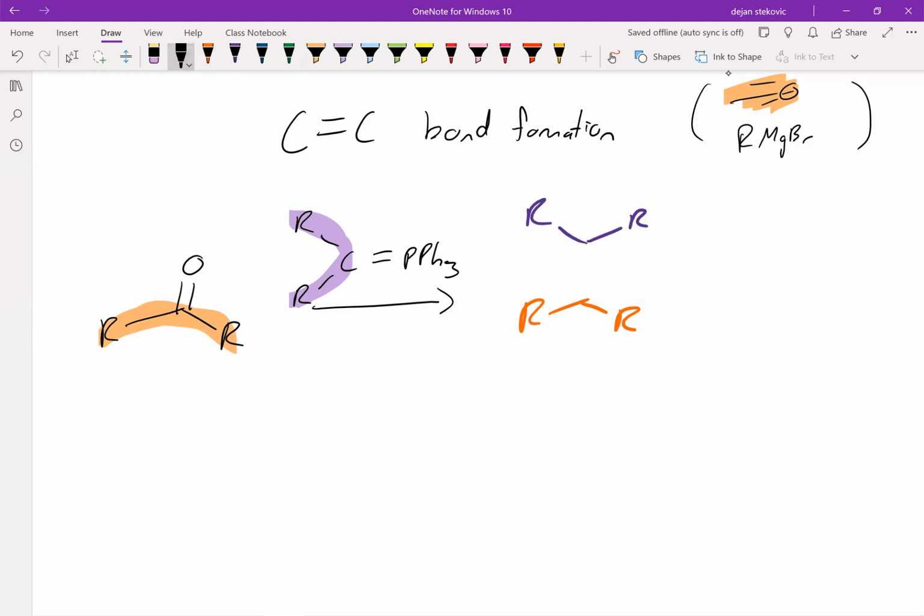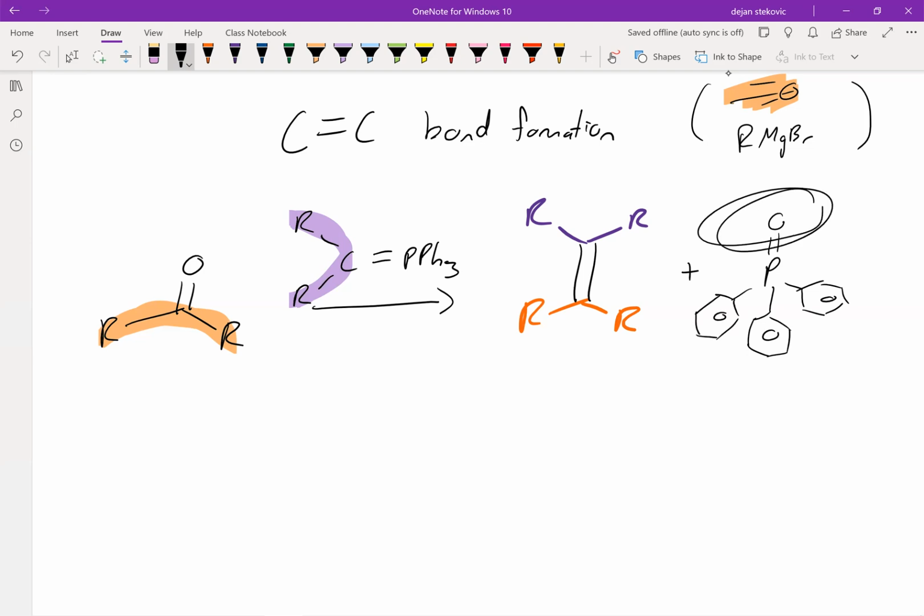In between is a double bond, right? And then your triphenylphosphine gets oxidized. The PPh3 is a phosphorus with 3 phenyl rings on it. And then, of course, it gets oxidized. Now it gets the oxygen that came from the carbonyl.